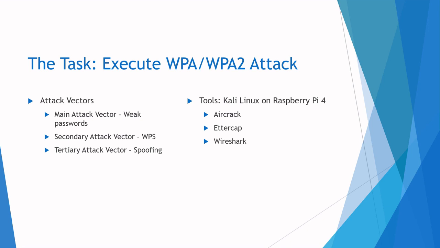The tertiary attack vector is spoofing. The tertiary attack is to demonstrate how all of the information gathered by the two previous attack vectors can be used by an individual to gather information and use that information to their advantage.